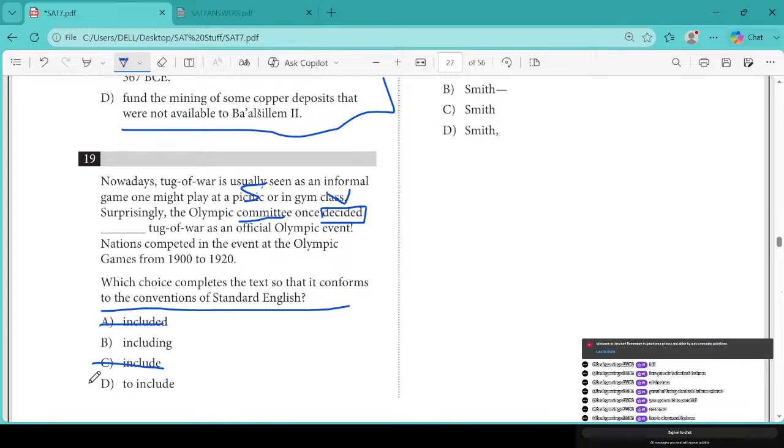You cannot use including because, just read it, okay? Including would be a gerund, but you need something other than that. So it would be D, to include. The Olympic Committee once decided to include. So the answer is D.